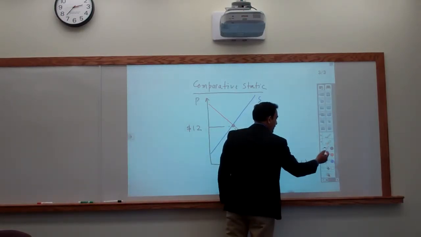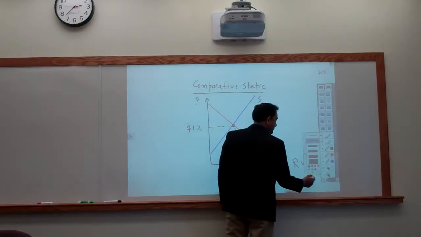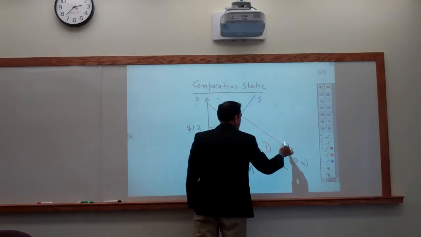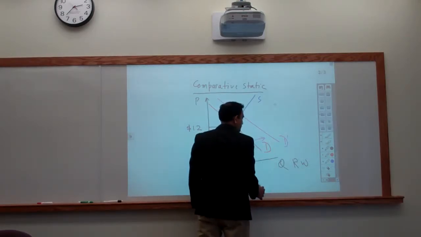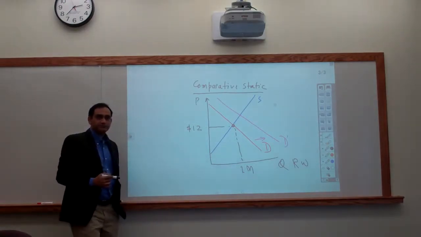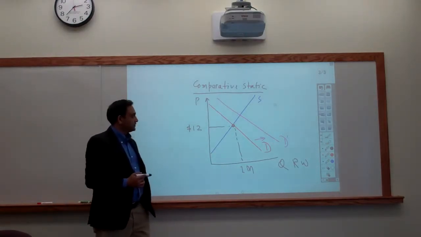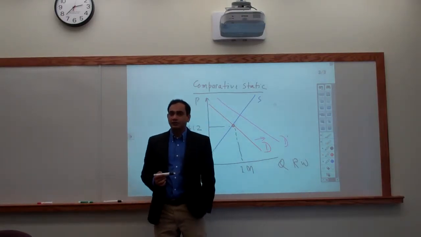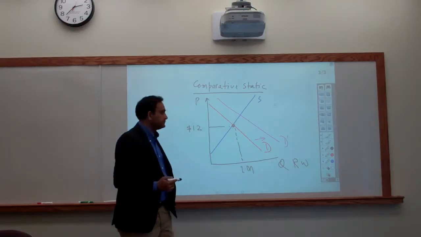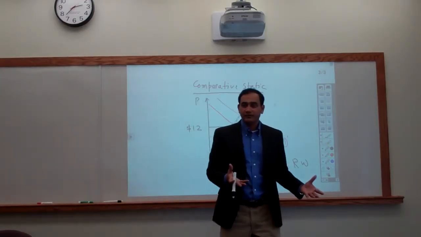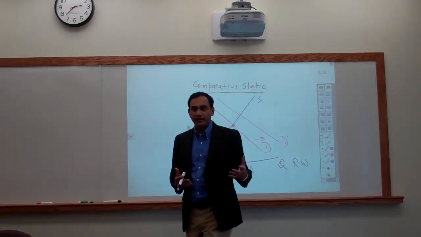So let me shift your demand curve to the right. Let's say demand shifts by this much. That's your new demand for red wine. Is that fine with everybody so far? So let's suppose for the time being, nothing happens to the supply of red wine. There is no shock to the supply.